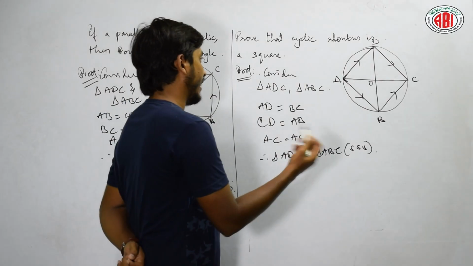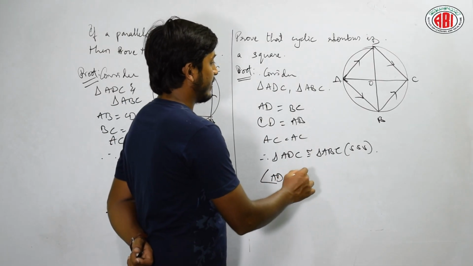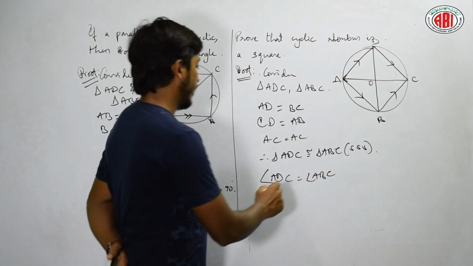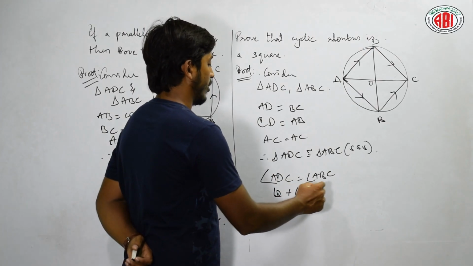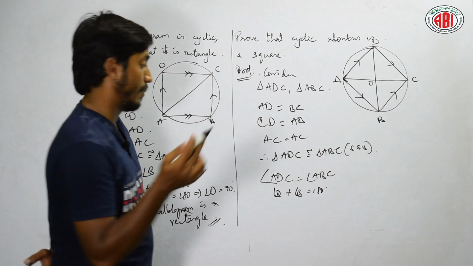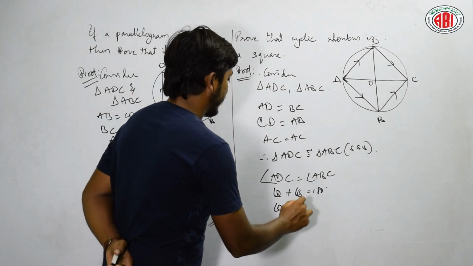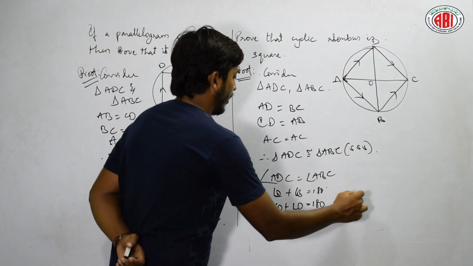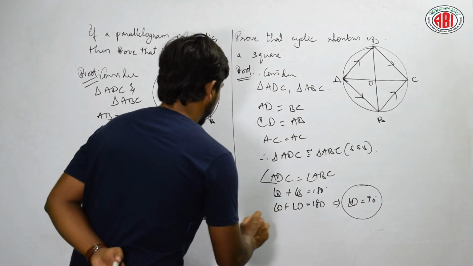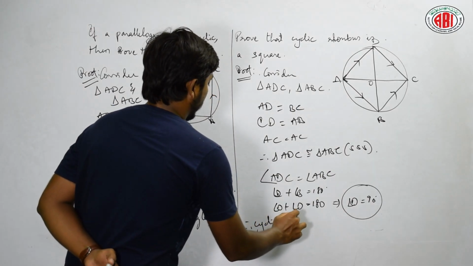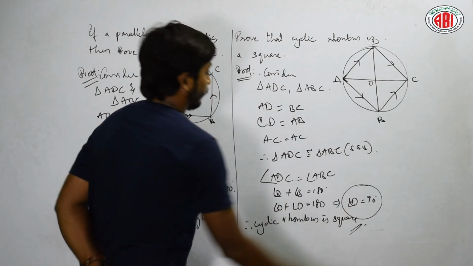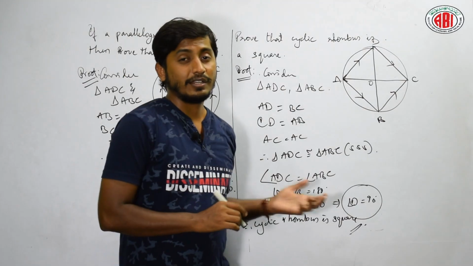Therefore, by CPCT I can equate angle ADC is equal to angle ABC. Yes. Now tell me, angle D plus angle B is equal to 180, since it is a cyclic quadrilateral, the opposite angles will be supplementary. Therefore, D plus D is equal to 180. Therefore, D will be 90 degrees. Clear? Therefore, a cyclic rhombus is a square. Clear? Is it not easy to remember?